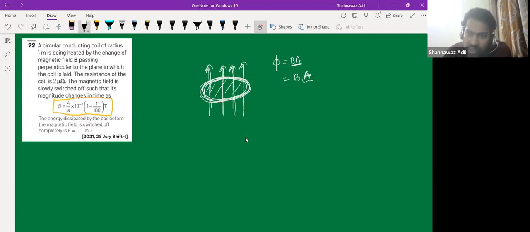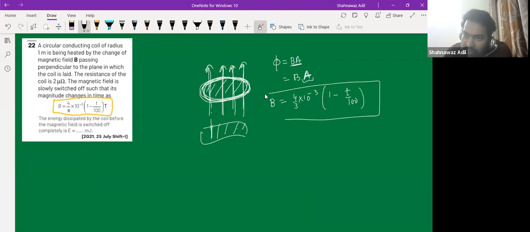So you have some heating material, and you are heating this thing, and you are providing this magnetic field, which varies like this, t by 100 Tesla. This is the magnetic field as a function of time.